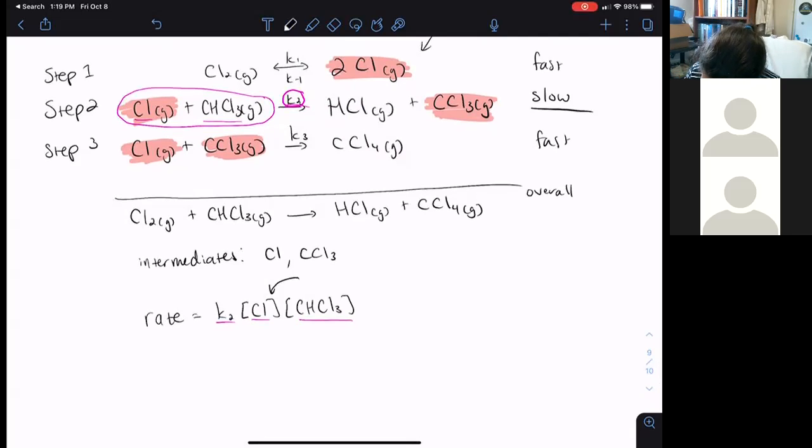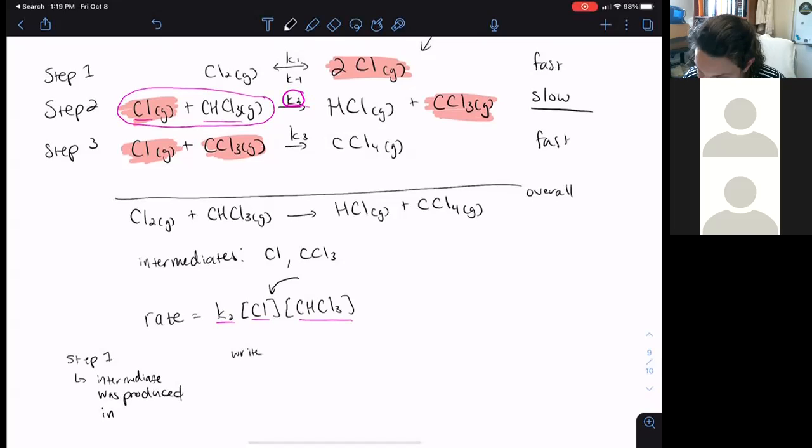So for step one, this is the step that the intermediate was produced in. We're going to write the rate expressions, the forward and reverse.